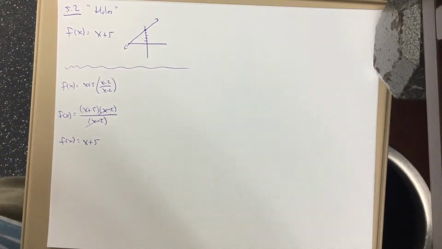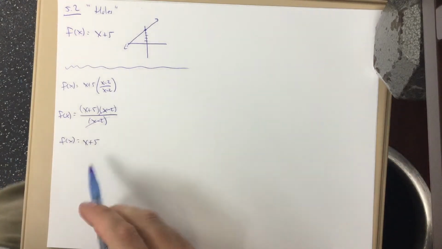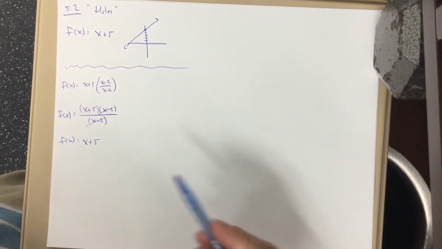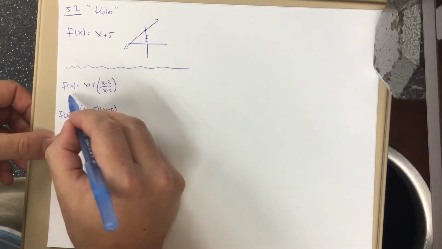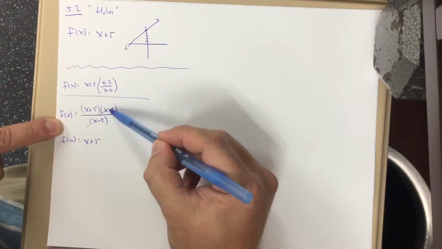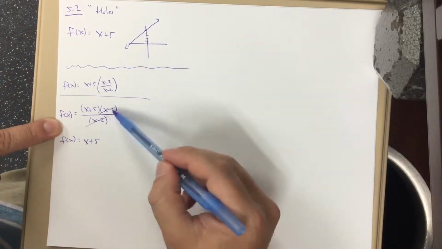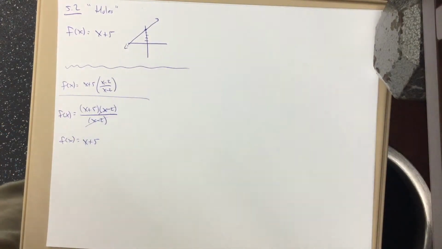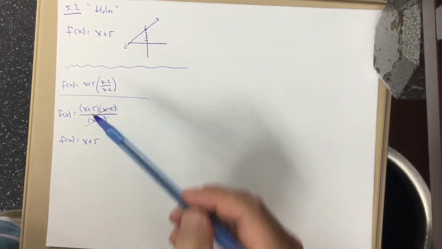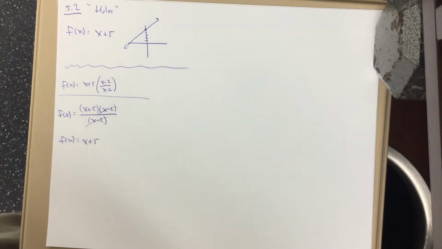But there's a problem. If I just reduce it and say, okay, this is the same as saying f of x equals x plus 5, there's a problem with that. The problem is that when we have this x minus 2 on the bottom, we've messed with the domain.